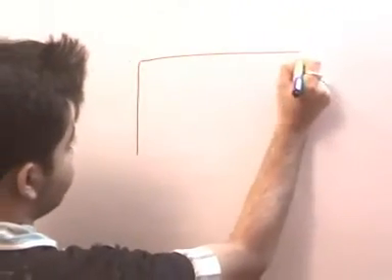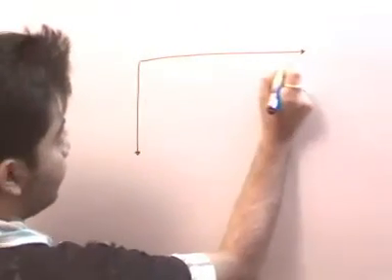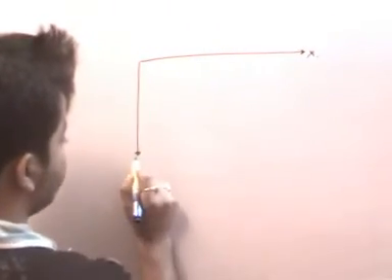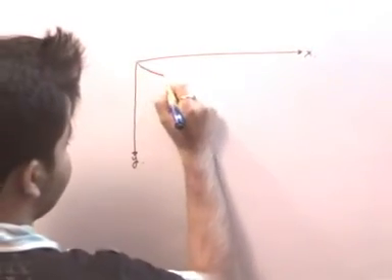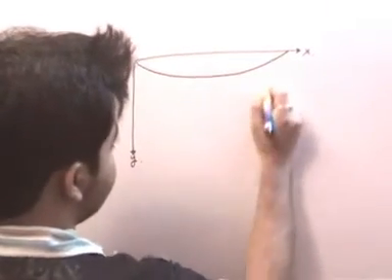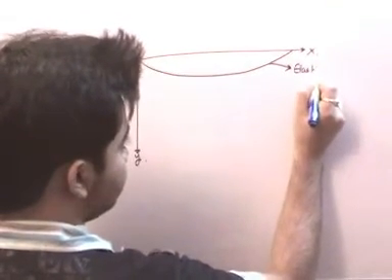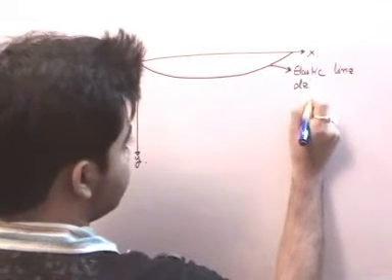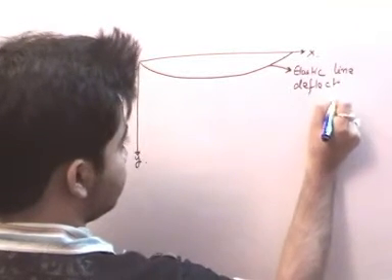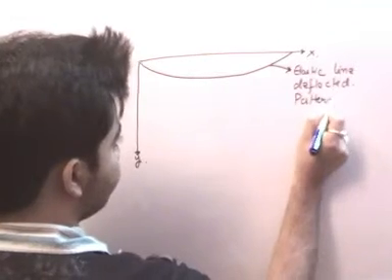For example, the bending equation: if a beam is aligned about the x-axis and there are some transverse loads acting, then the beam will deform like this, and this will be the elastic line, the deflected pattern of the beam.